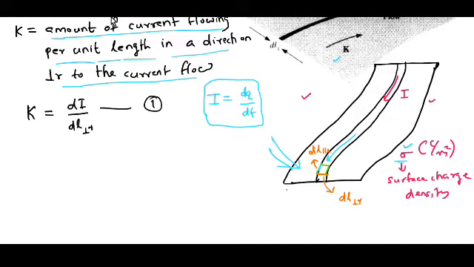Let us call the small area dA. This dA is the small area of the current carrying strip.